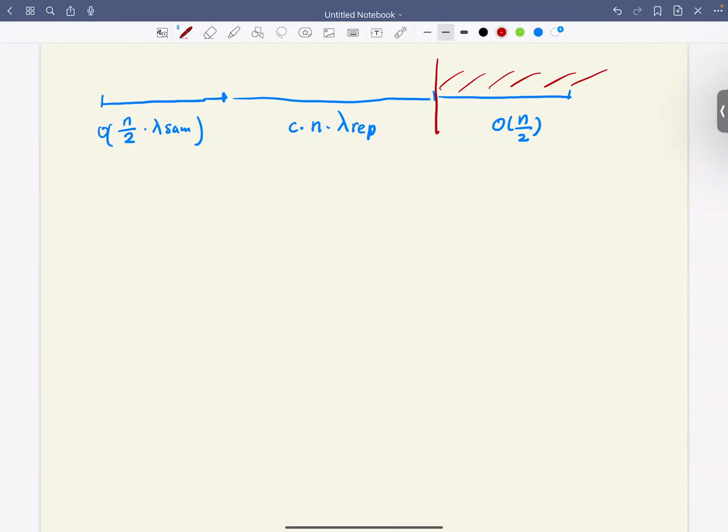So if you think about it, in the first phase, we are reporting n/2 elements. Think about the first phase, right? I perform n/2 iterations, right? So think about every red interval here. Every red interval represents the time duration of one iteration. You see what I mean? So I have n/2 of them. But for the second phase, there's no red interval.